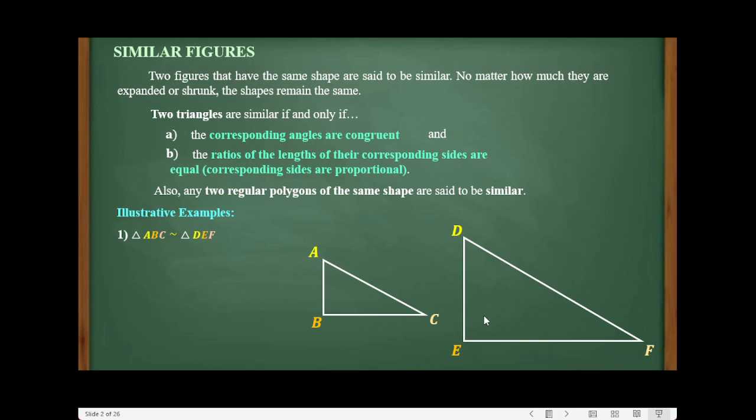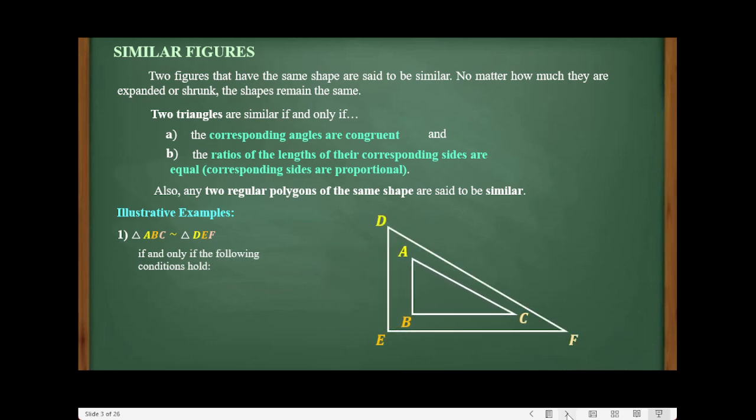Now, comparing these two triangles, it is stated that triangle ABC is similar to triangle DEF. This symbol right here is properly read as "similar to." Again, triangle ABC, the smaller one, is similar to the bigger triangle DEF, if and only if the following conditions hold.